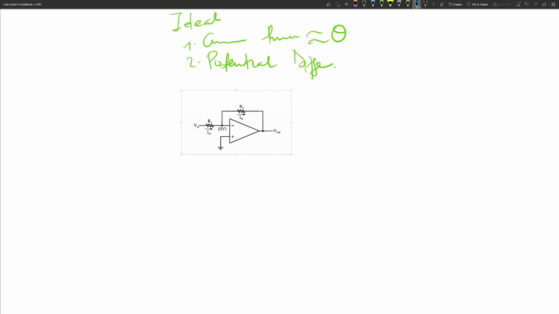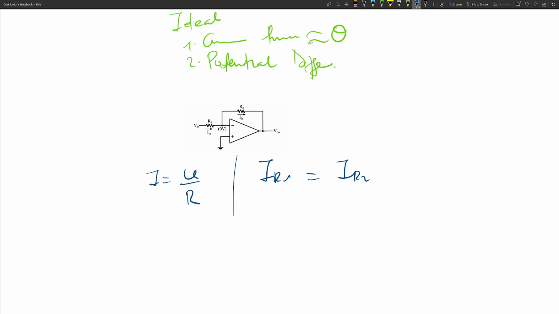Like in the basics of electrical engineering, the current flowing through a resistor is I equals U divided by R. And like I said, because the current here is 0, the same current flows from here through this resistor. So you can say that IR1, the current flowing through here, is equal to IR2, the current flowing through the second resistor.